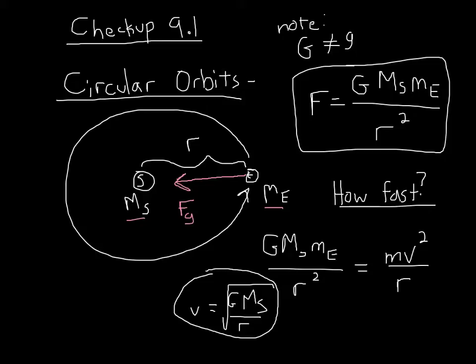And I found the velocity of an orbit, the speed of an orbit, due to the force of gravity between two objects, in this case the Sun and the Earth. And all it depends on is the separation of the two objects and the mass that's actually pulling your second object in.